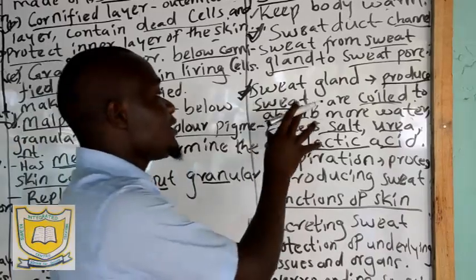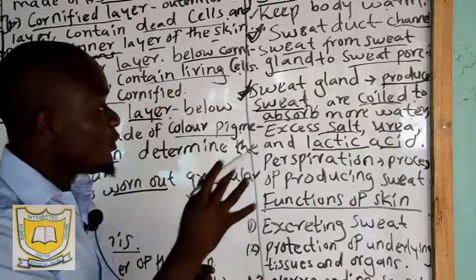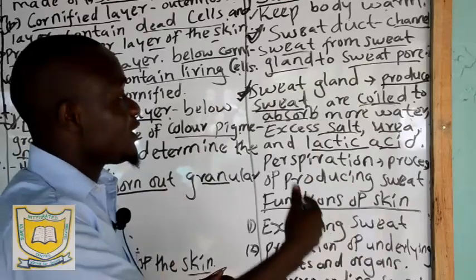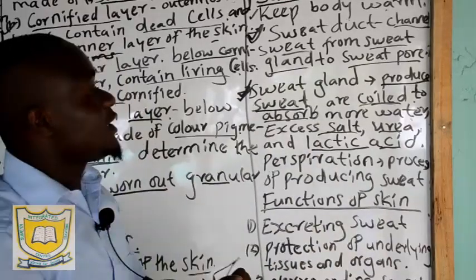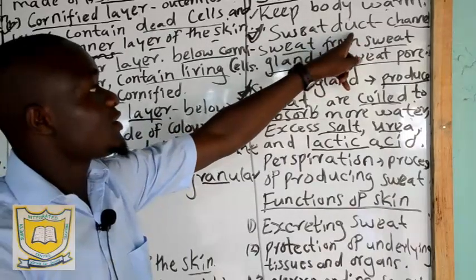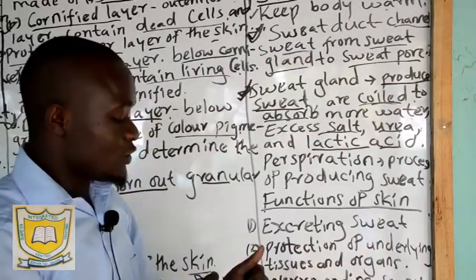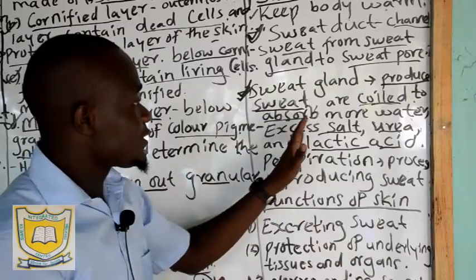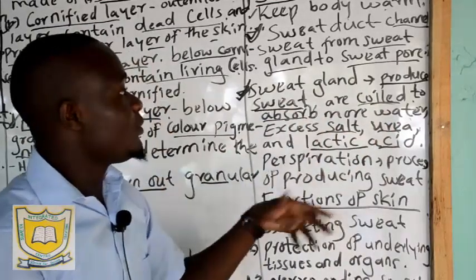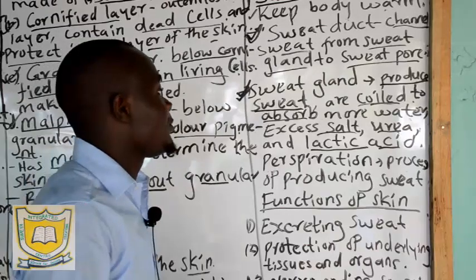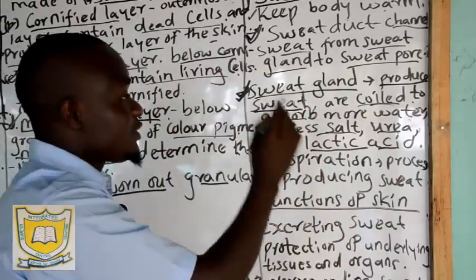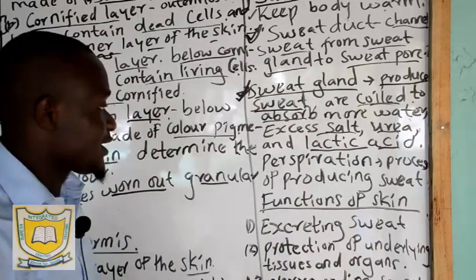After the sweat glands absorb the excess water, salt, urea and lactic acid, it is then transported to the sweat ducts, then to the sweat pores. This is the main adaptation of the sweat glands that enables them to carry out their function of producing sweat, because we said sweat is the combination of water, salt, urea and lactic acid.